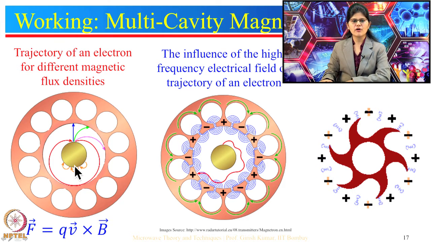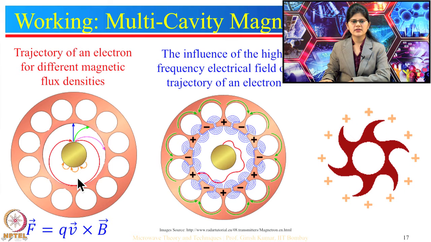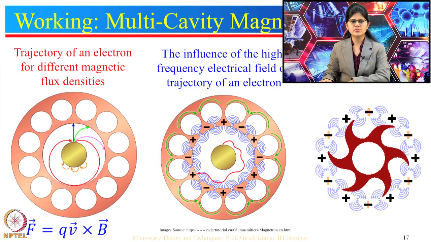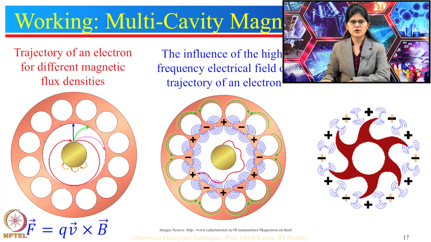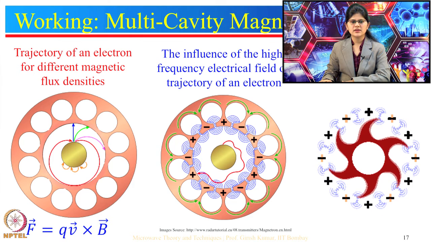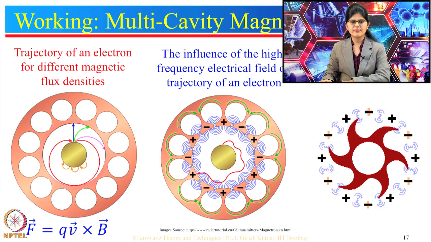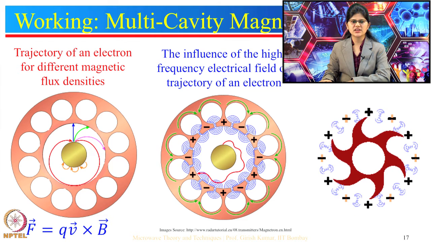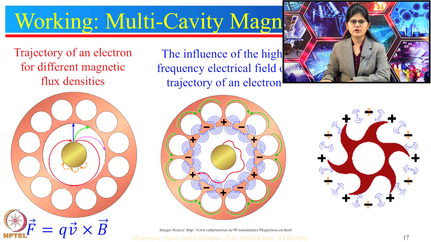The strength of the magnetic field beyond which there is no current in the microwave tube is called the cutoff magnetic field, and it is given by the Hull cutoff magnetic equation. Similarly, the cutoff DC voltage is given by the Hull cutoff voltage equation.